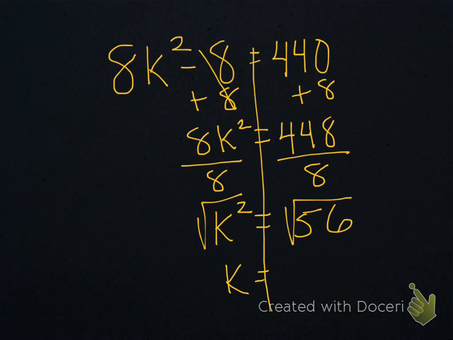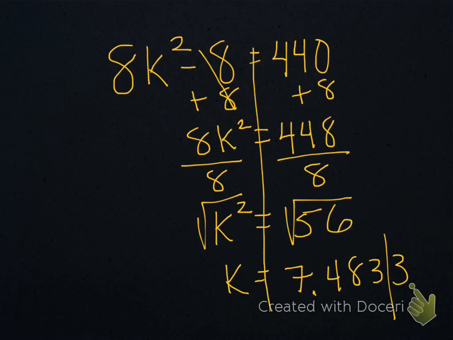And unlike your graphing calculator, which you might not have at home, you have to type the 56 first. 56, and then hit the little square root key. It's going to give you what I told you. It's a number between 7 and 8, and it's 7.4833.